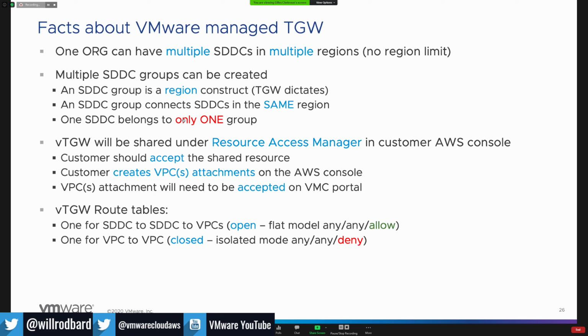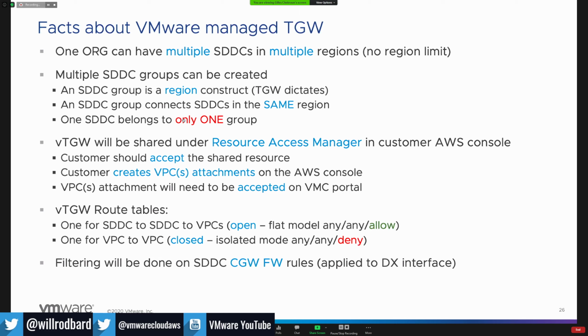So a VPC can only talk to an SDDC. They cannot talk to each other. If you want to do filtering, you can do filtering with SDDC compute gateway firewall rules that you need to apply to the direct connect interface. Okay, today only direct connect for on-prem connectivity.